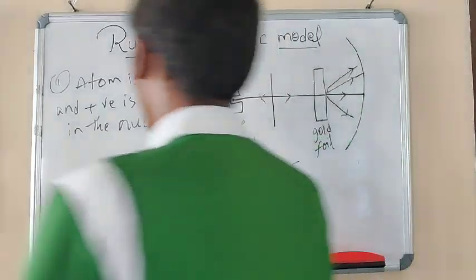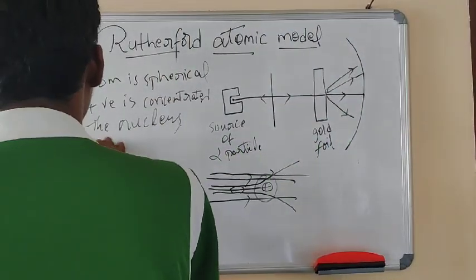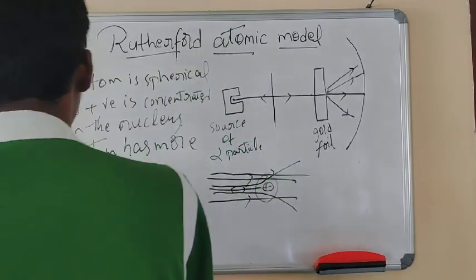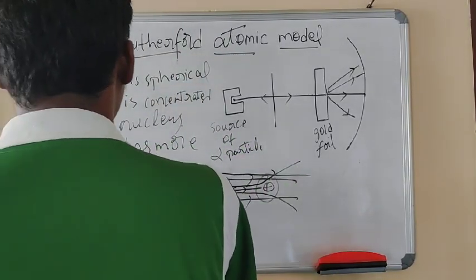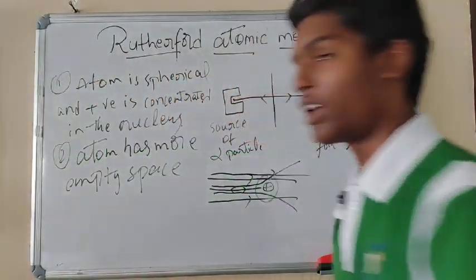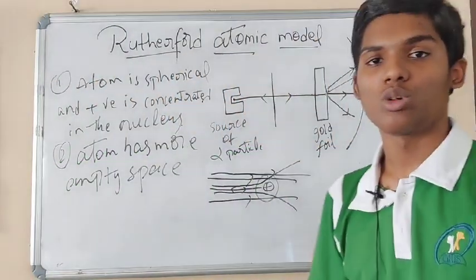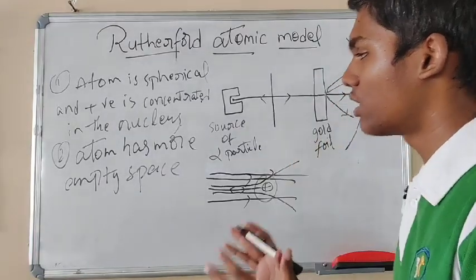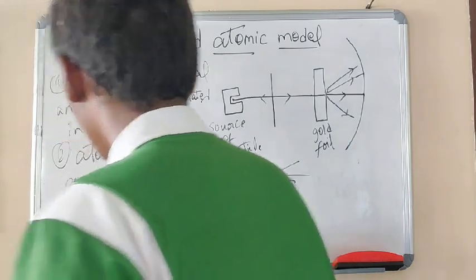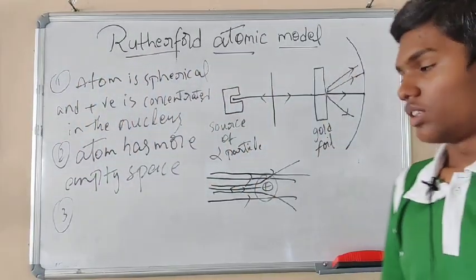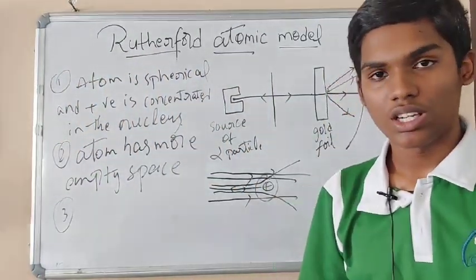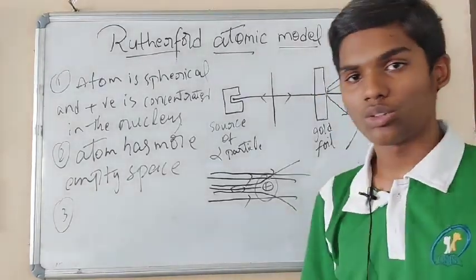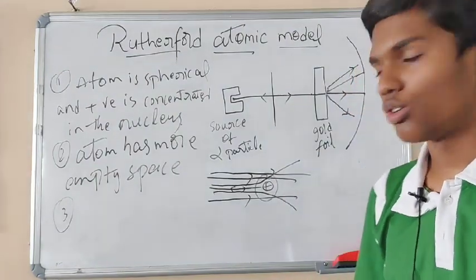He also said that the atom has more empty space, that's why most of the alpha particles travel in a straight line through empty space. And the third observation is that the entire mass of the atom is concentrated in the nucleus. That's why the alpha particles bounce back along their original path.